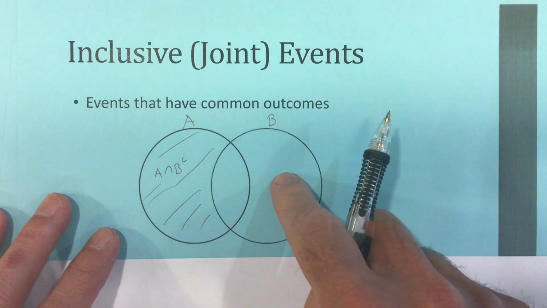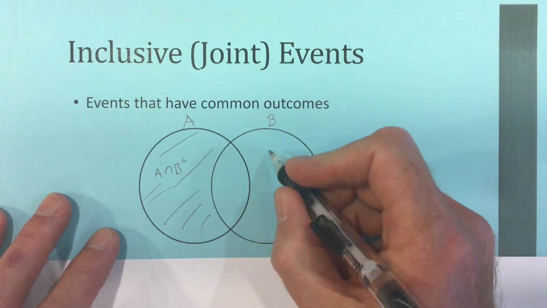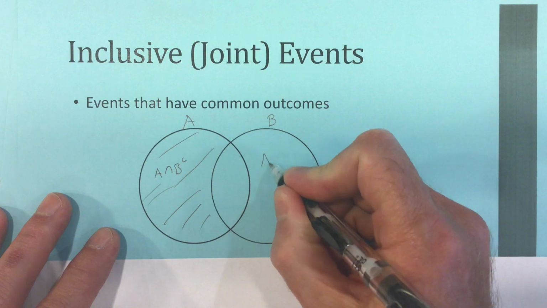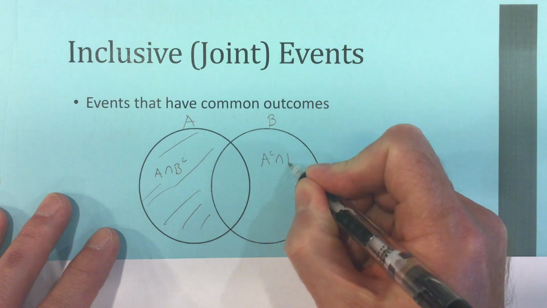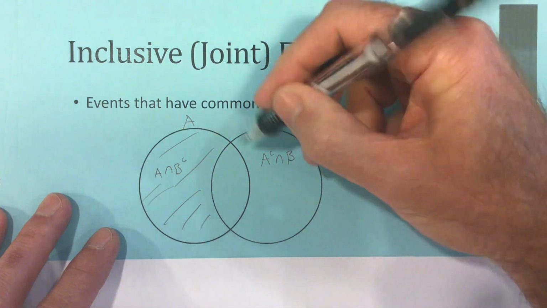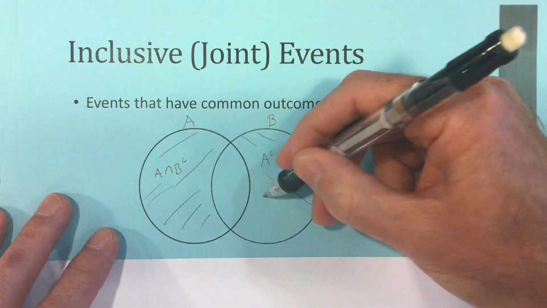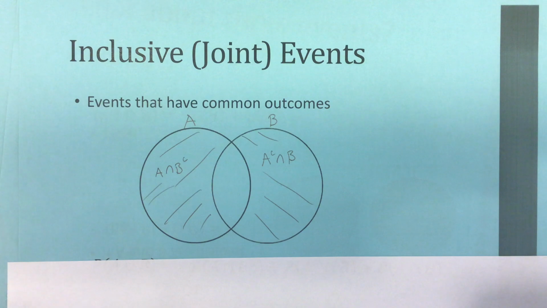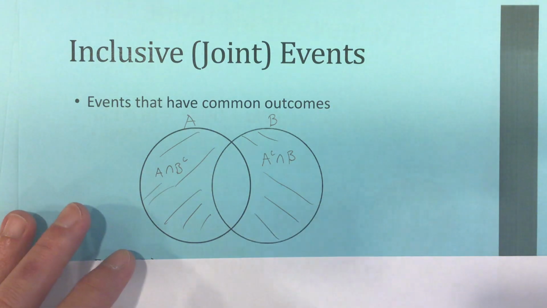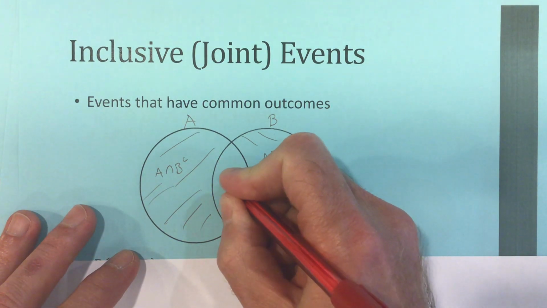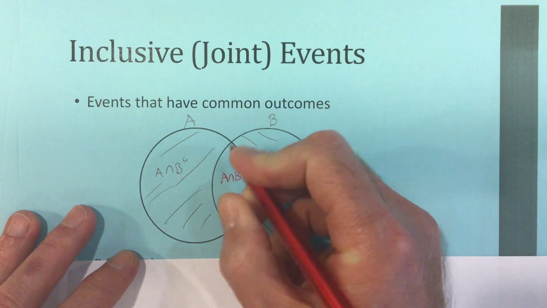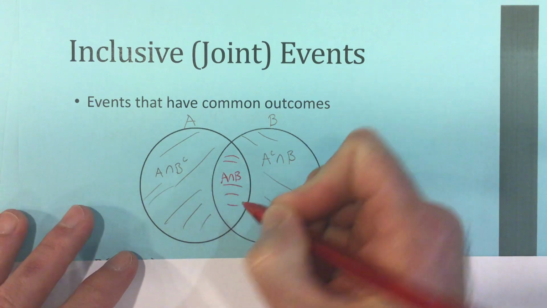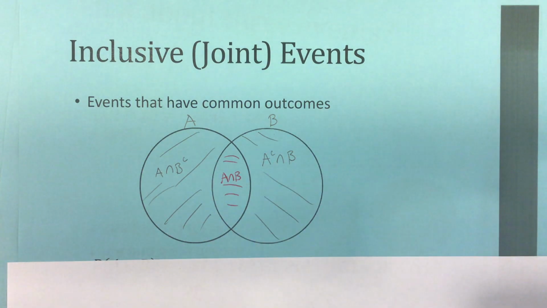If I'm in B but outside of A, well then that would be A complement intersect B. That's over here. And then this region right in the middle here, this is A intersect B. This is the area where both events occur together.